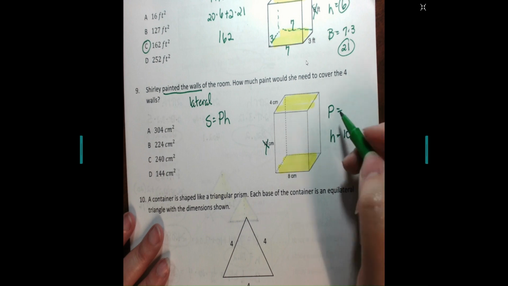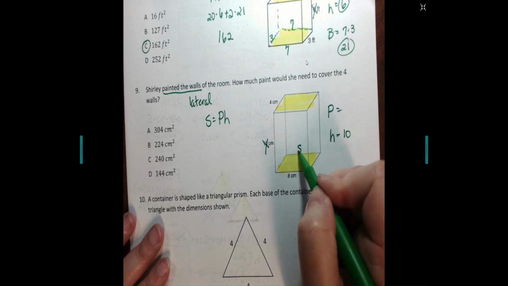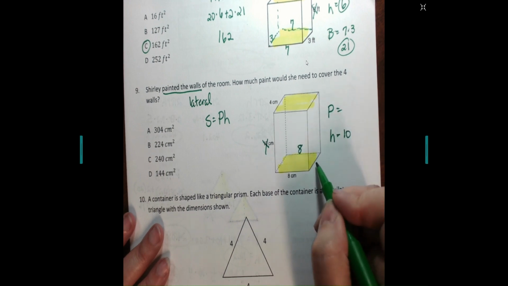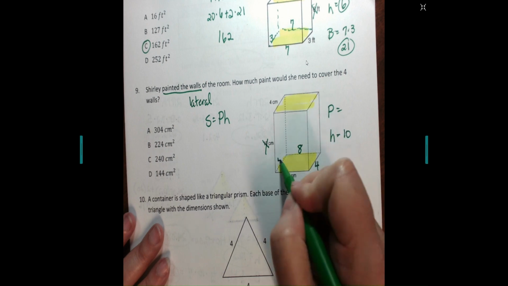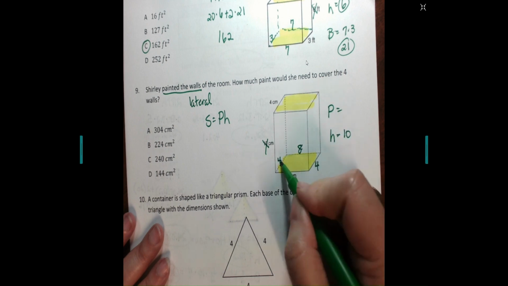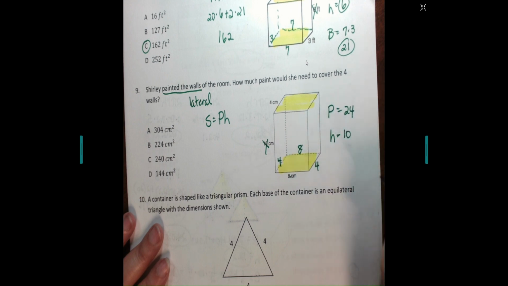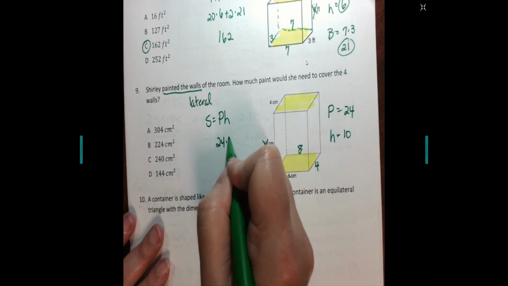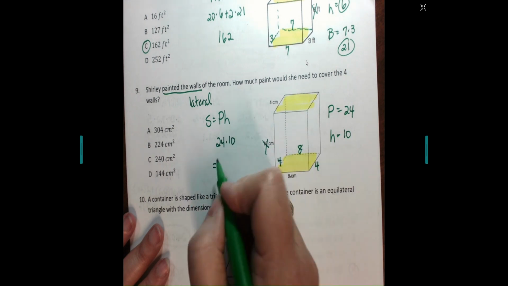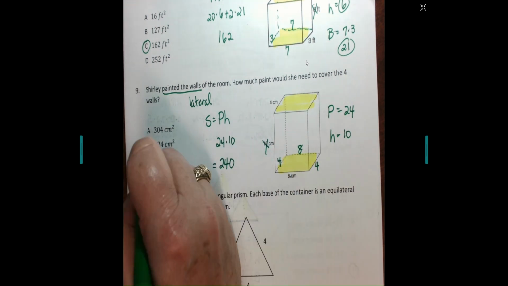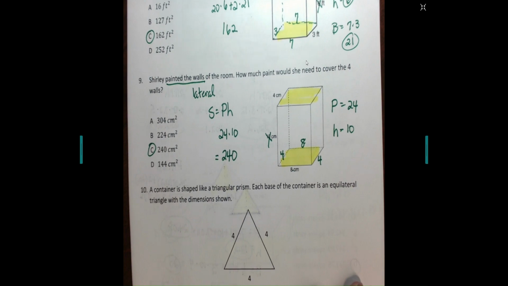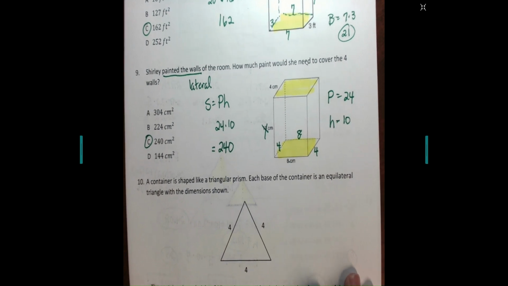What do I add together? 8 plus 8 plus what? 4. 4 plus 4. So 16 plus 8 is 24. So 24 times 10, what does that equal? C. 240. If you do it in total, you get A.